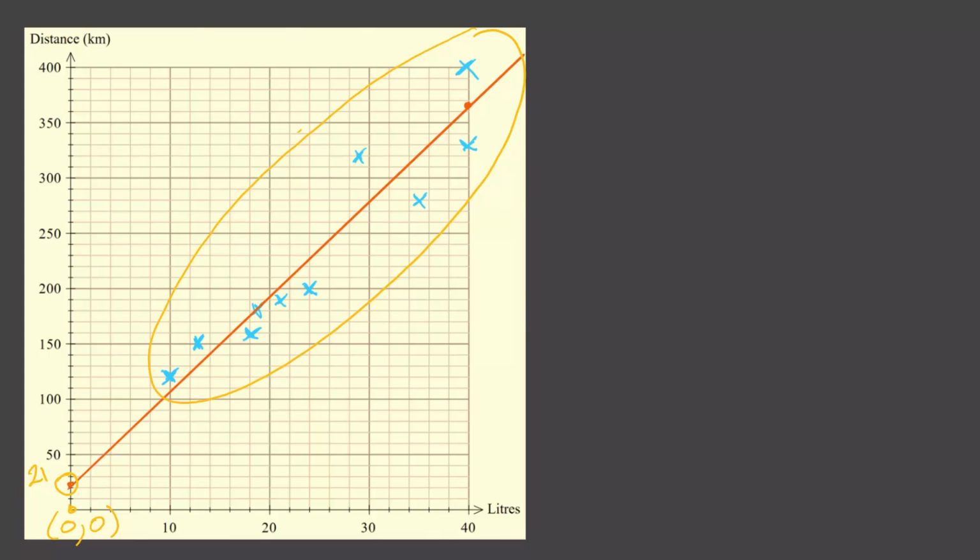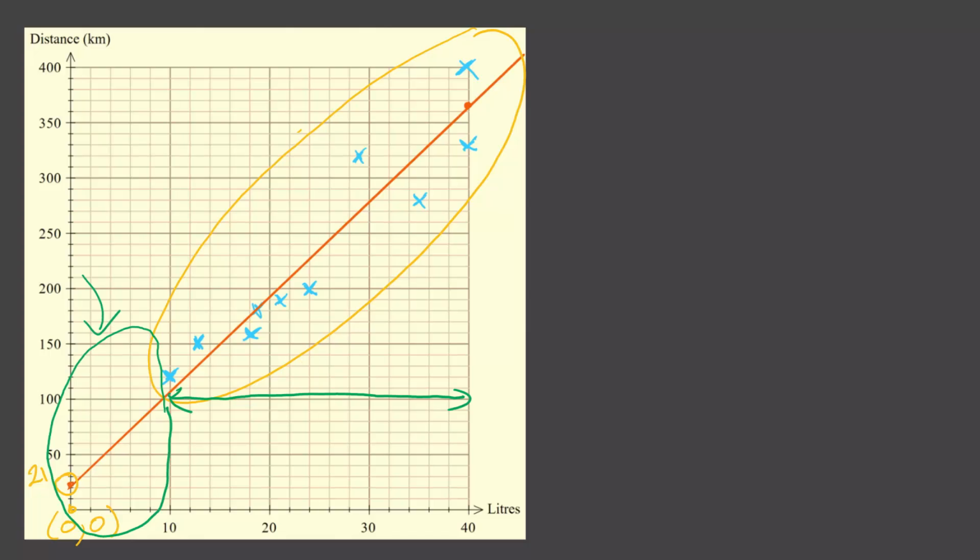The other thing to be aware of is that anything below 10 here, so all of this part, is unreliable anyway because it's outside the scope of our data. We only have data covering us from 10 through to 40.